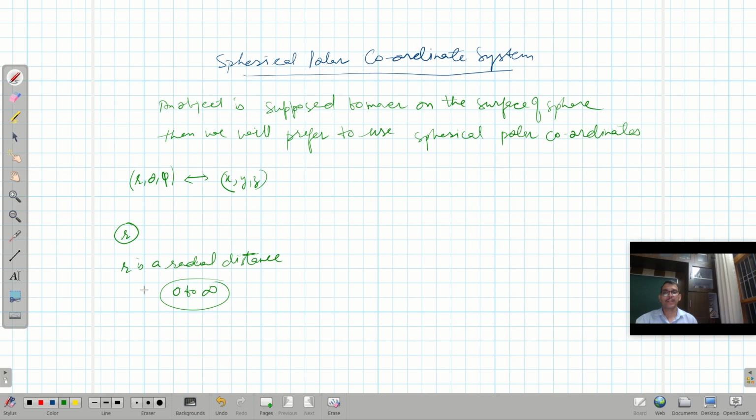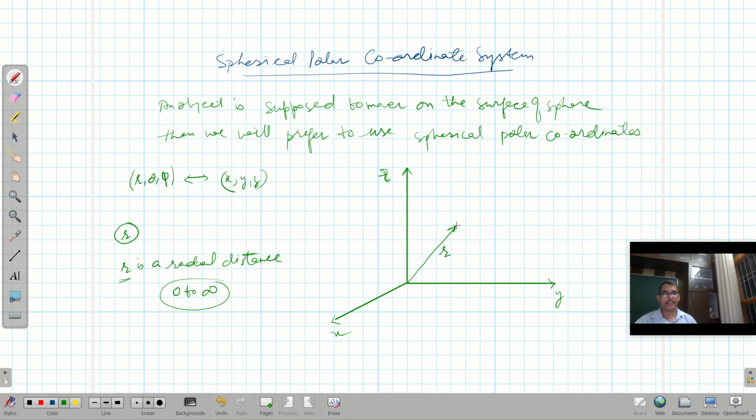But first of all, let me draw this. So suppose there is a coordinate system. First of all, I will draw a Cartesian coordinate system. This is x-axis, this is y-axis, and this is z-axis. And here there is a radial vector, and this is r.